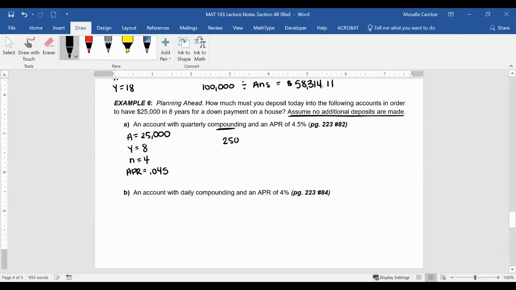So we have our ending amount is going to be our principal times 1 plus my annual rate divided by the number of times per year, raised to the number of times per year times the number of years. So that's 8. Again, you're going to find this first. So we have 25,000 equals P times 1.43045 and so on.